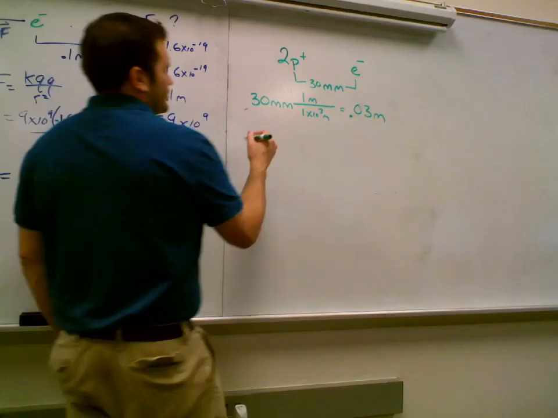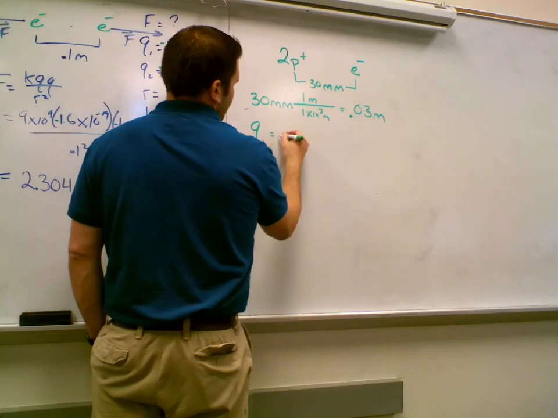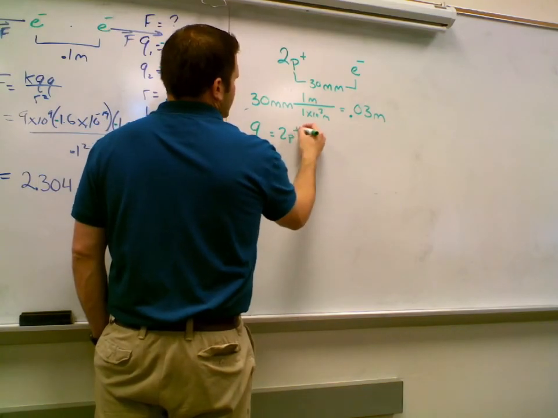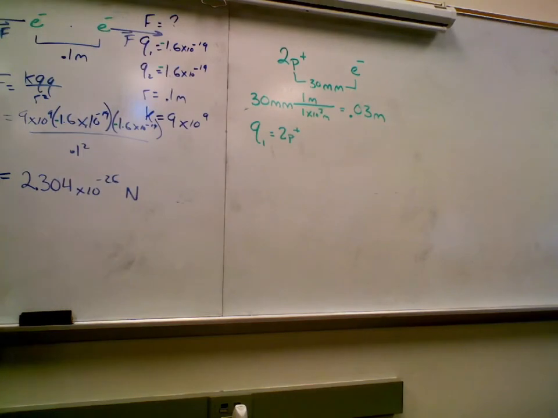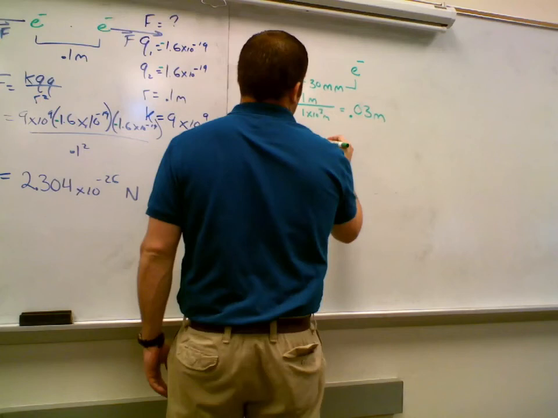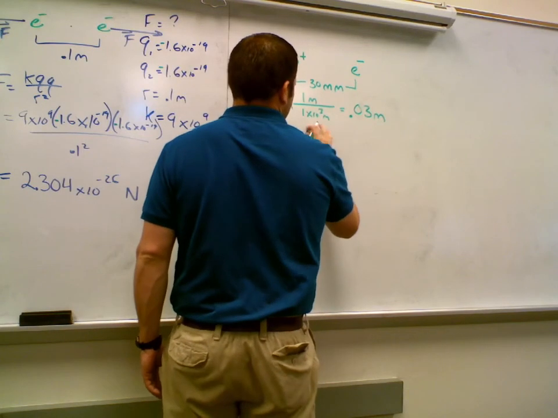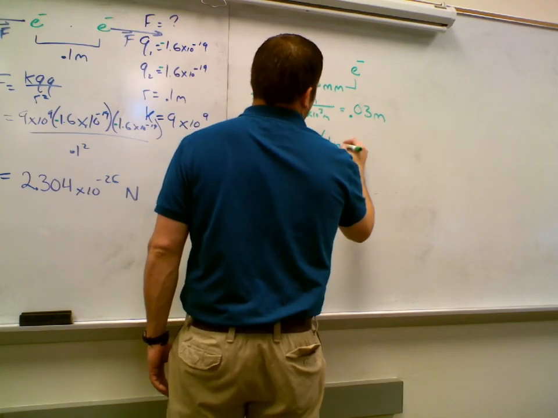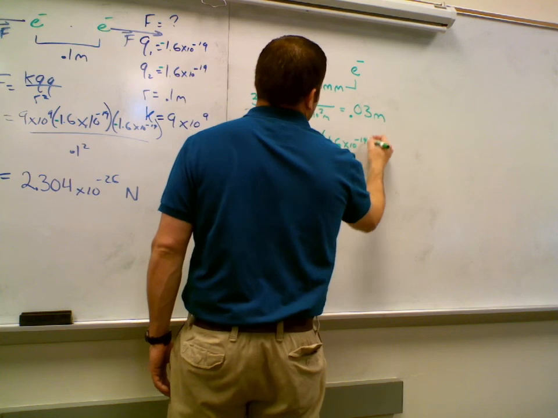What's Q1? We can call it 2 protons. That means I have 2 of the 1.6 times 10 to the negative 19s. So I have 2 times 1.6 times 10 to the negative 19.